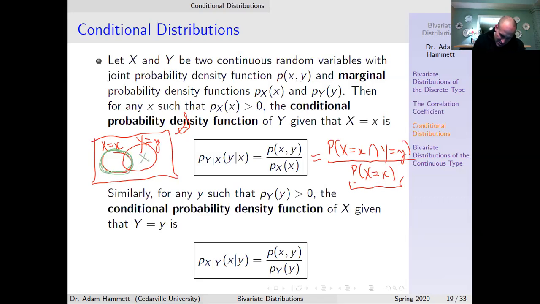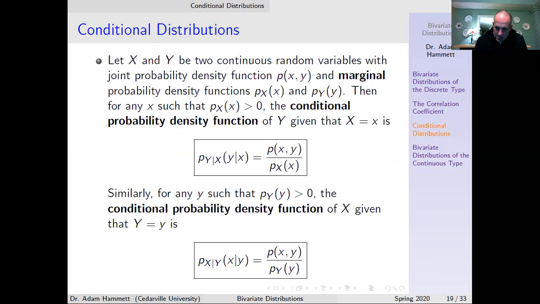If I'm going to think about Y being equal to little y, I need to be inside of the event X is equal to little x. That's the new probability that Y is equal to little y. X equal to little x is now the new sample space. Similarly, if somebody tells me the value of Y, then I have a similar formula down here at the bottom of the slide. Hopefully that kind of makes sense.